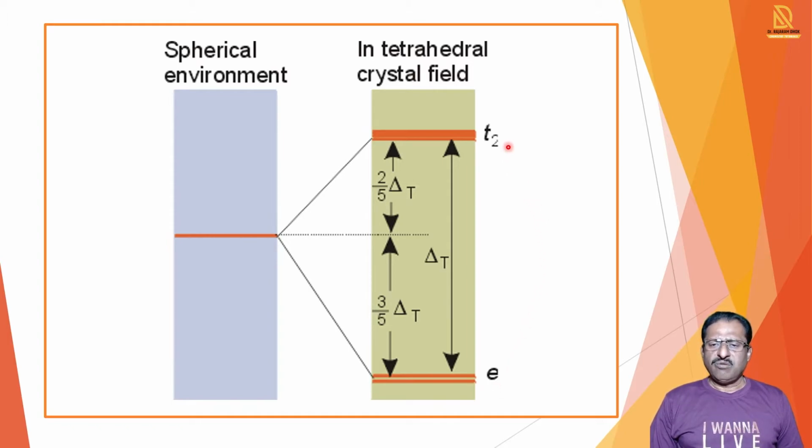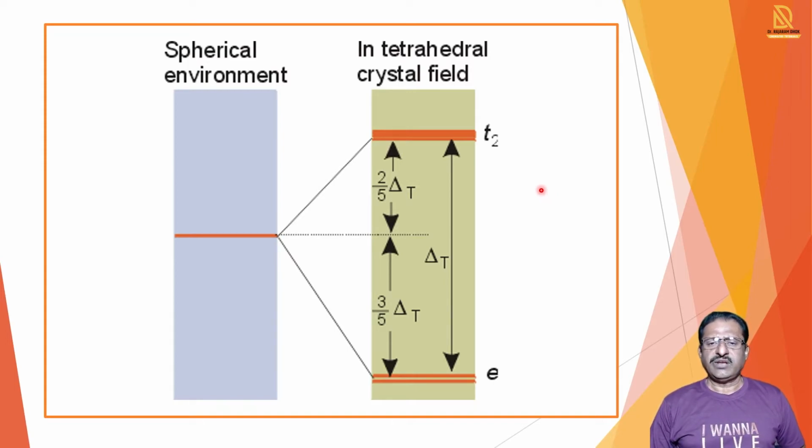But in tetrahedral complexes, EG is lower energy and T2G is higher energy. And so we say that in tetrahedral complexes the energy orbitals are exactly opposite to those in octahedral.